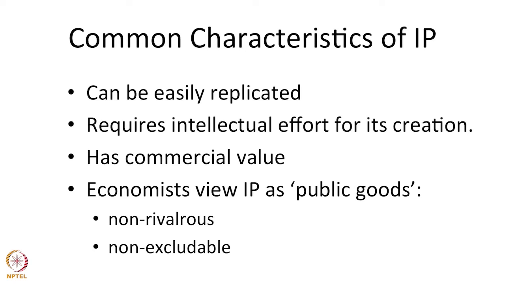You can just copy whatever is there in a CD onto a hard drive or to a pen drive if it has the capacity to do it. So the cost of making the second copy is next to nothing. So this defines yet another trait of intellectual property right. It is difficult to get the first copy out, but once the first copy is out, it is easily replicable.